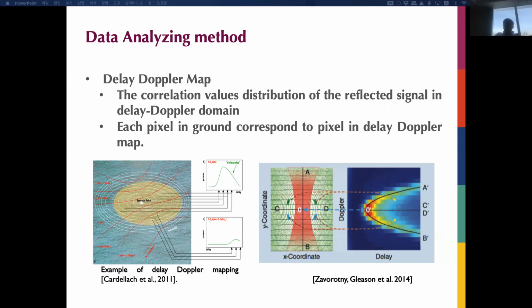Using these two lines, we can draw two-dimensional pixels and project the value of each pixel to the delay and Doppler axes. You can see an example of a delay Doppler map in the right figure.